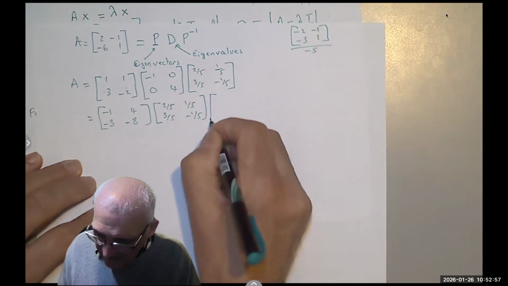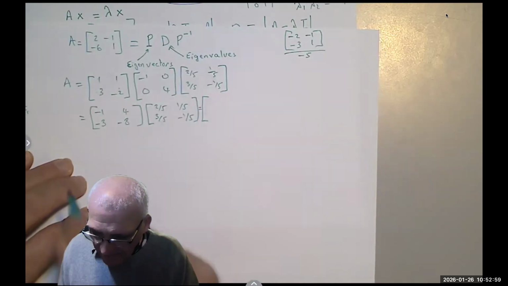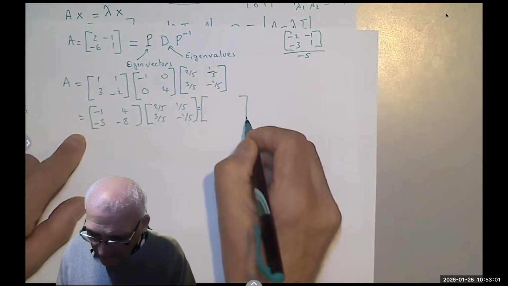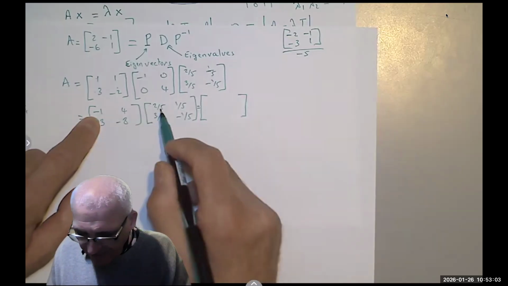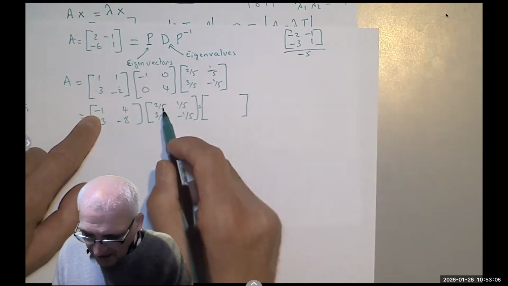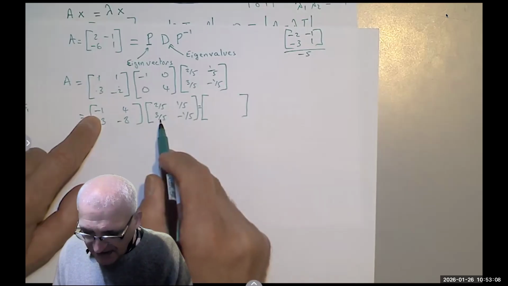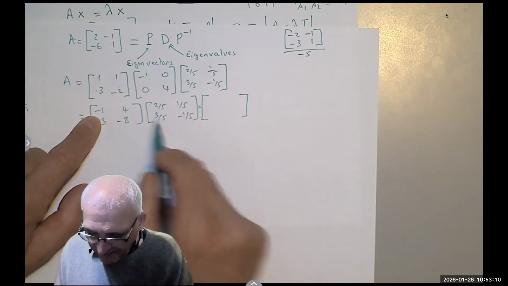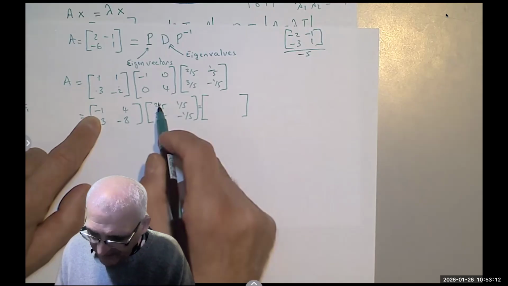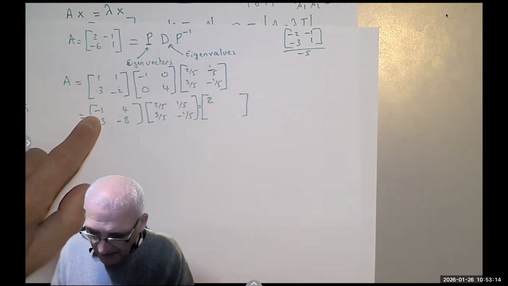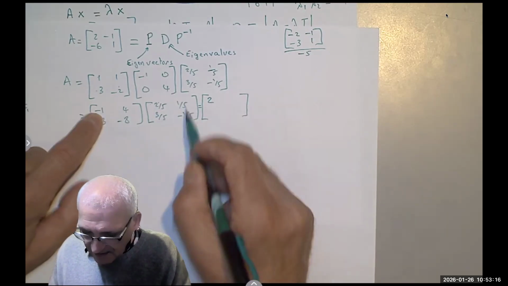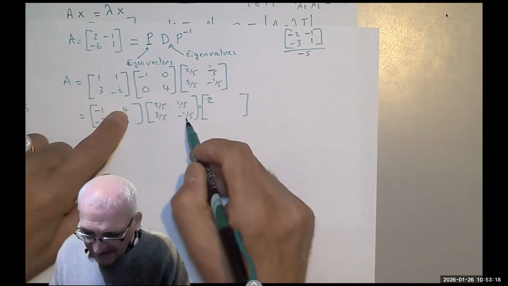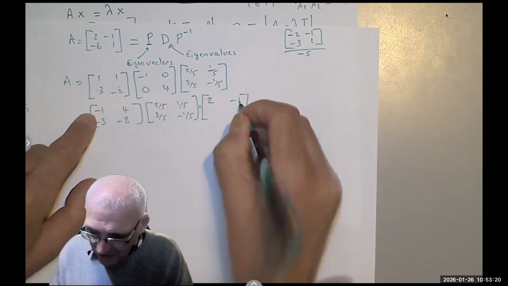Let's see what we get. -1 times 2/5 is -2/5. And 4 times 3 is 12/5. 12/5 minus 2/5 is 10/5 or 2. -1/5 minus 4/5 is -5/5, so it's -1.